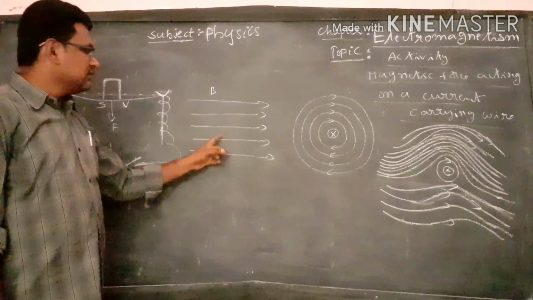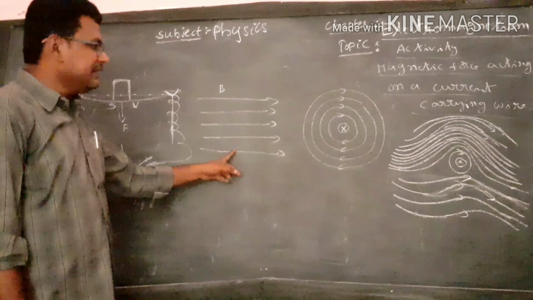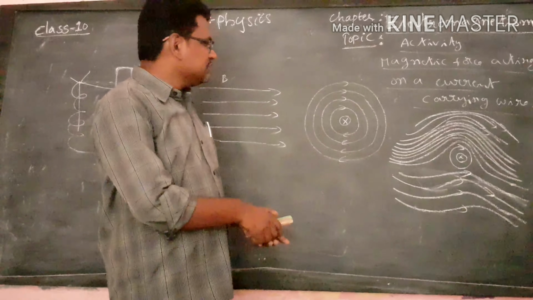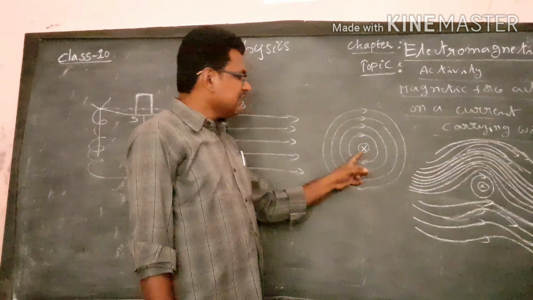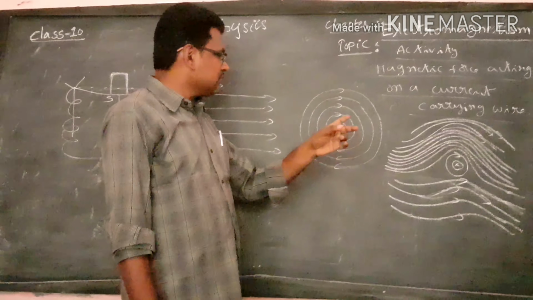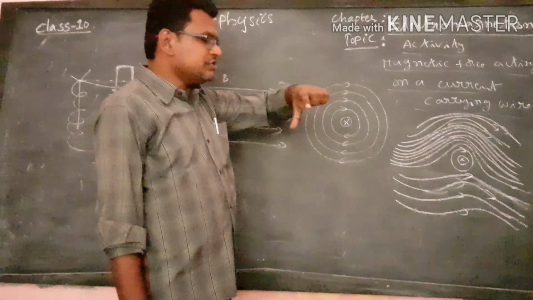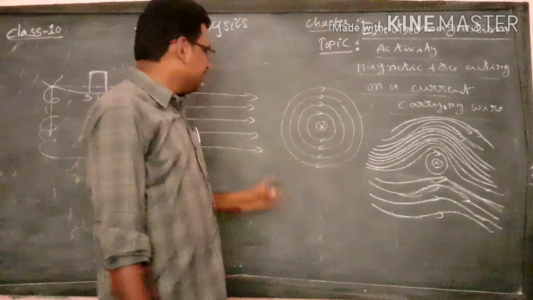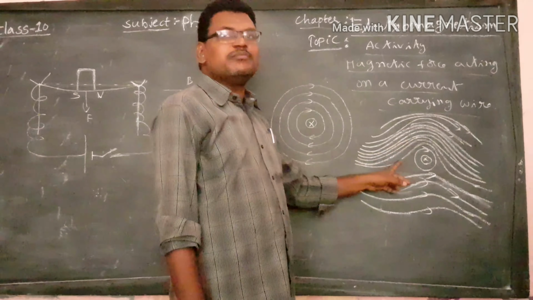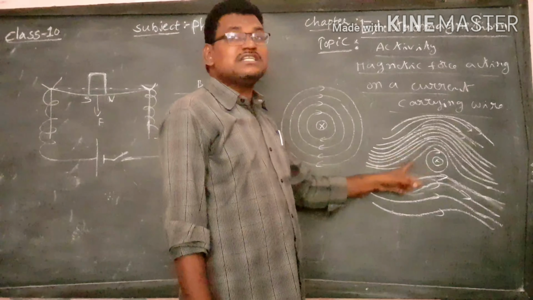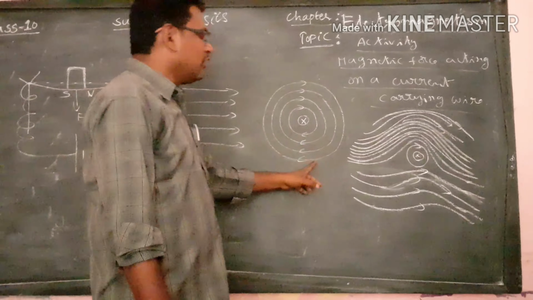This is the uniform magnetic field by the horseshoe magnet, and this is the magnetic field due to the current carrying wire, with current flowing into the plane. Suppose we take a horseshoe magnet over a current carrying wire, this represents the resultant magnetic field. That means these two magnetic fields get combined.